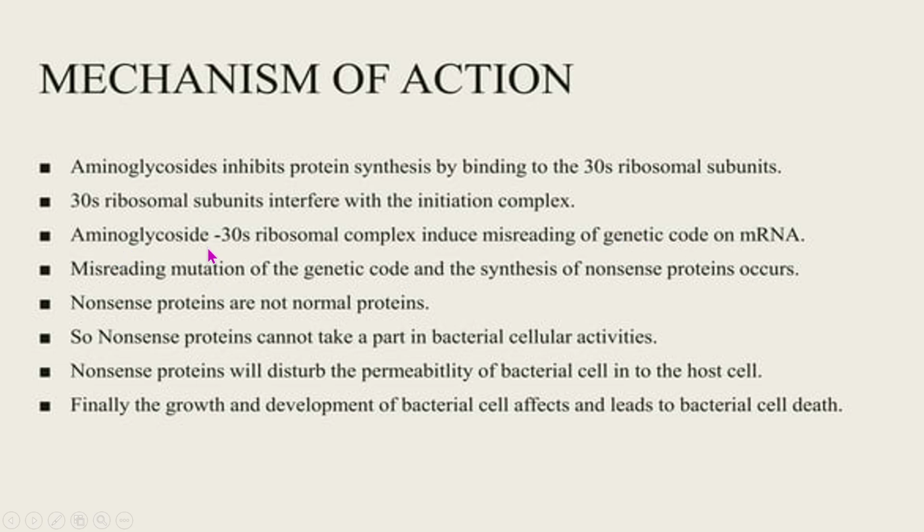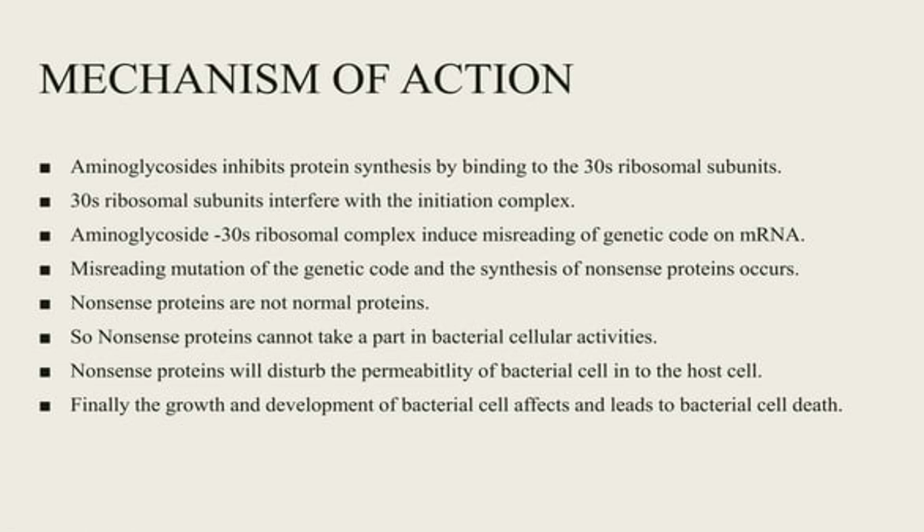Now this message, that is mRNA, is carried forward from the nucleus to the cytoplasm. Now what happens if the person is treated with the aminoglycoside type of antibiotic? The aminoglycoside binds with the 30S ribosomal subunit, which will induce misreading of the genetic code on the mRNA. Now this misreading, a mutation of the genetic code, results in the synthesis of nonsense protein.